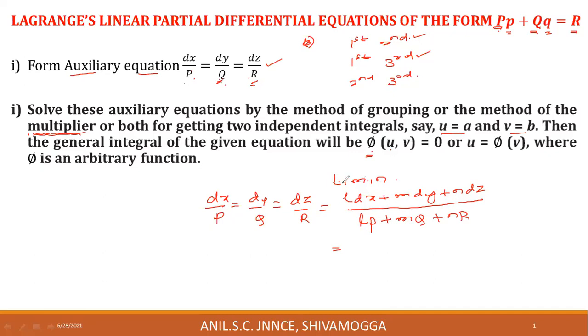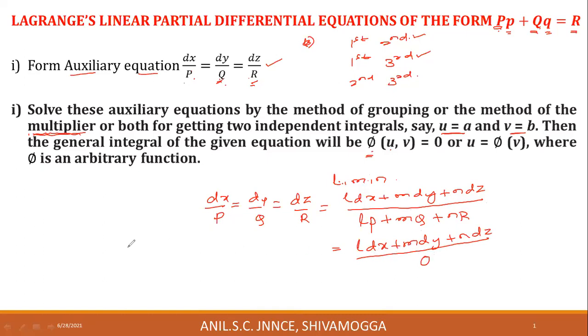You choose these three multipliers in such a way that this denominator must be 0. Choose multipliers in such a way that LP plus MQ plus NR is equal to 0.